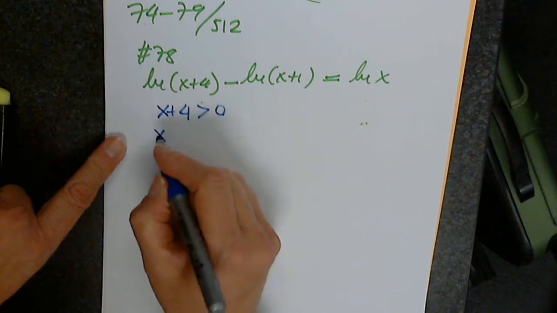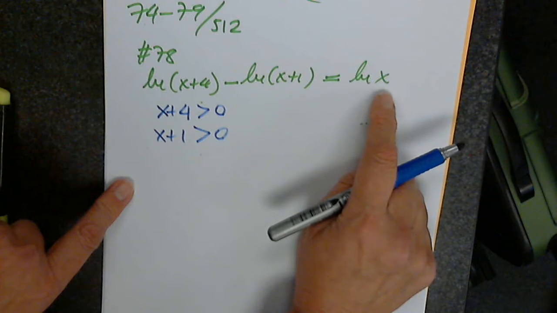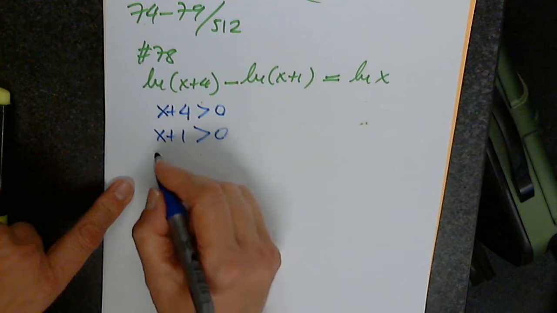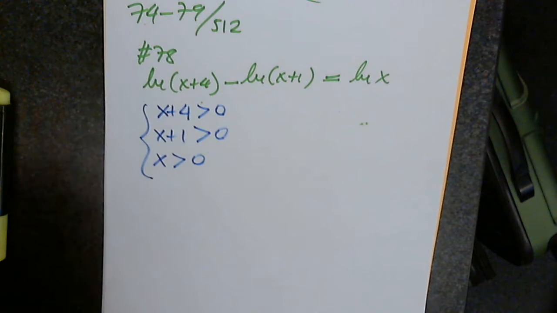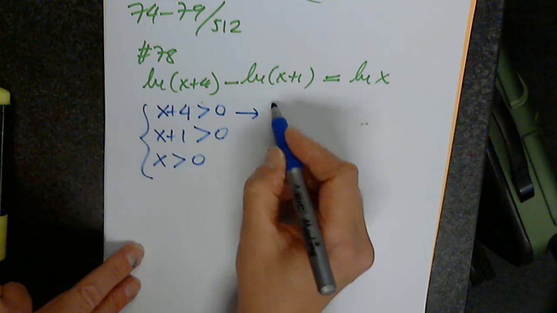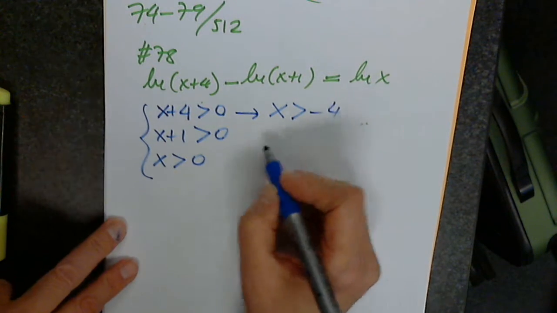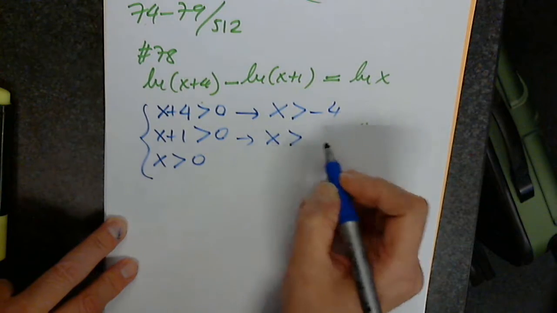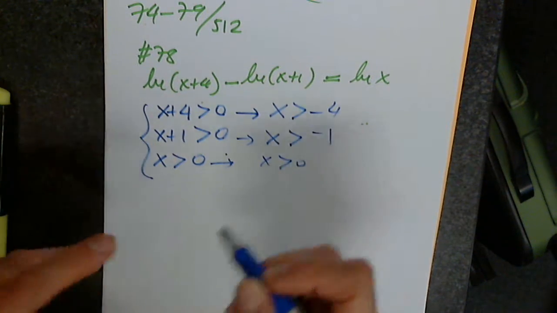X plus 1 must be greater than 0. And what is the domain for this? X greater than 0. Strictly, log cannot be applied to 0. So from here, I know that x is greater than negative 4, from here x is greater than negative 1, and from here x is greater than 0.